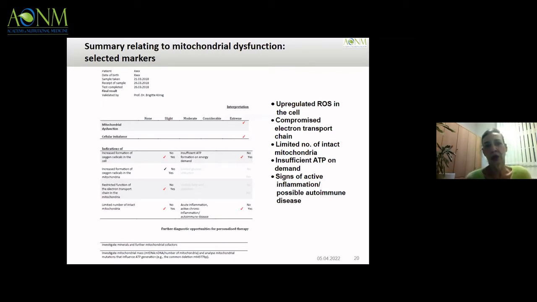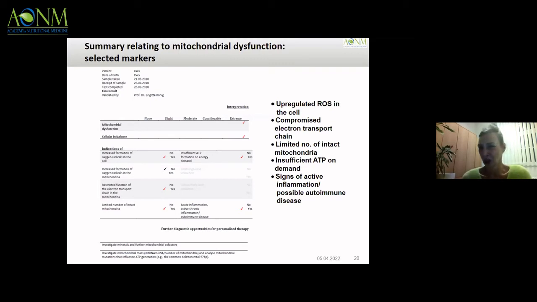You don't have oxygen radical generation at the mitochondria, because we had a 100% coupling efficacy. But we have a restricted function of the electron transport chain in the mitochondria, because the maximal respiration rate was only around 22 and not 300 as we would like. So you really have problems at the electron transport chain.